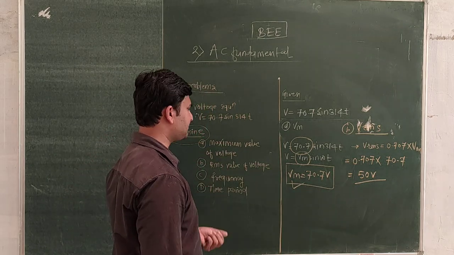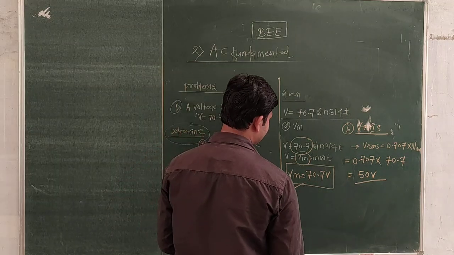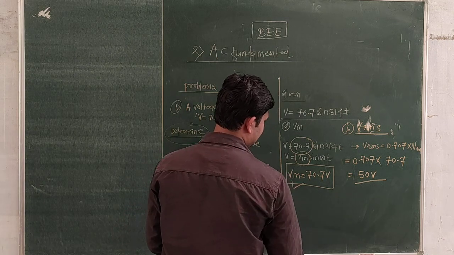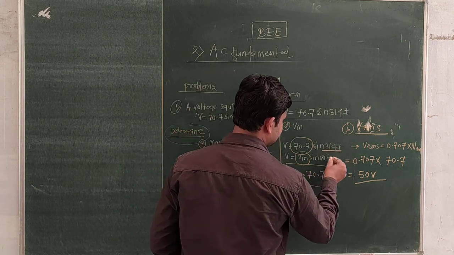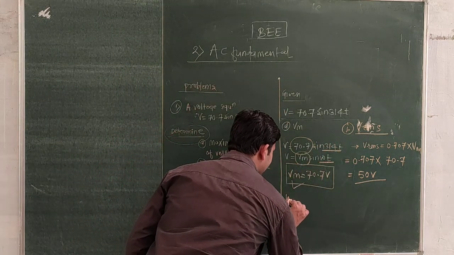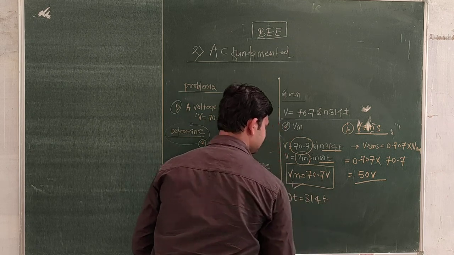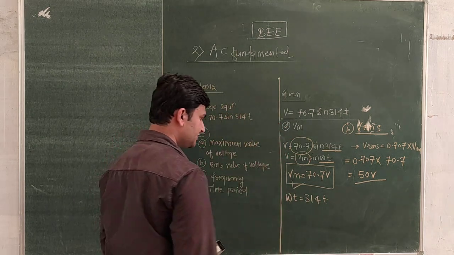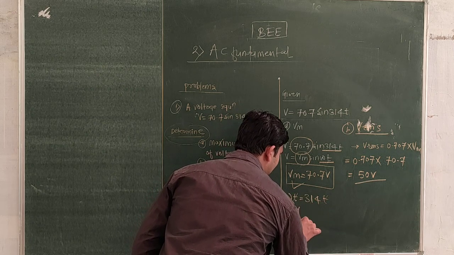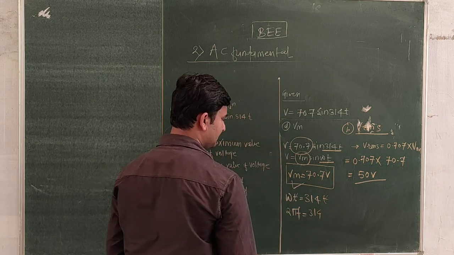Next we have to calculate the frequency. For the calculation of the frequency, compare the term omega t with the standard equation. Omega t is equal to 314 into t, so t will directly cancel. Omega means 2 pi f, so 2 pi f is equal to 314.